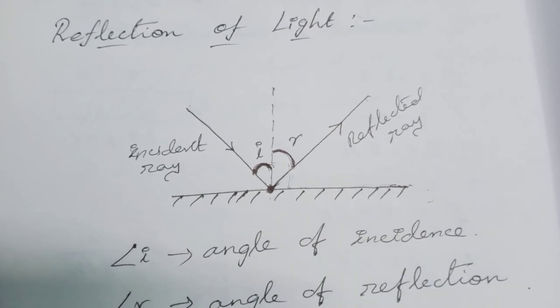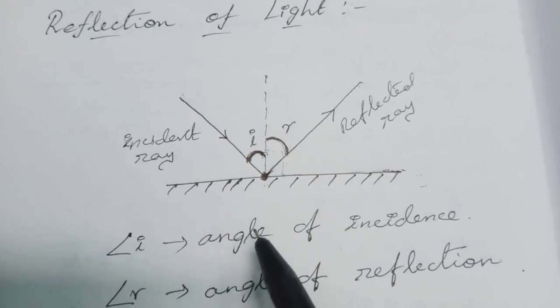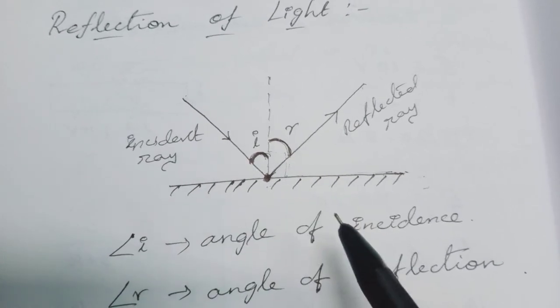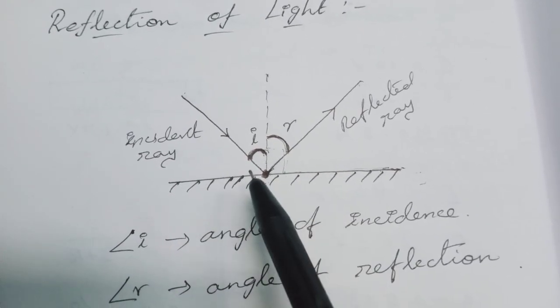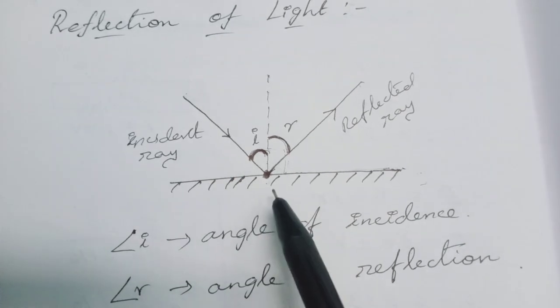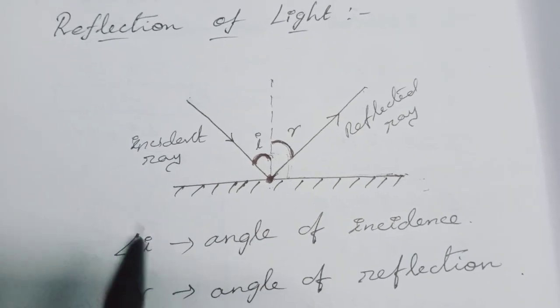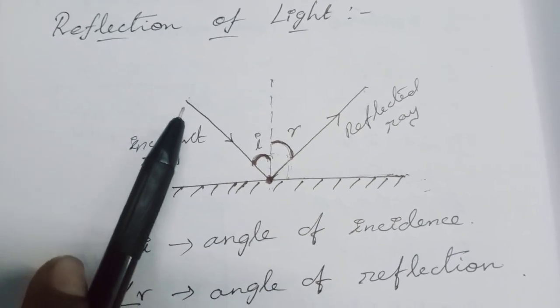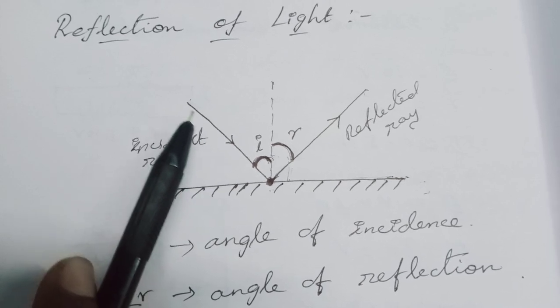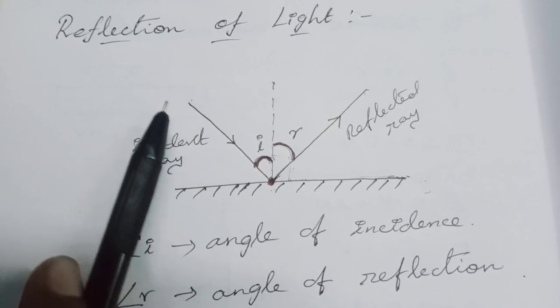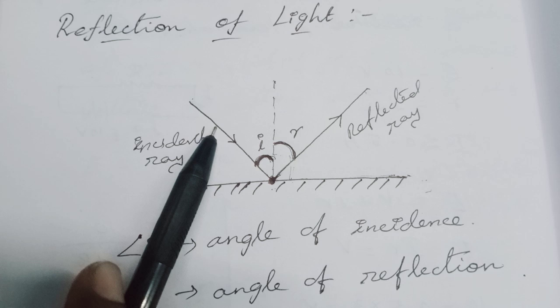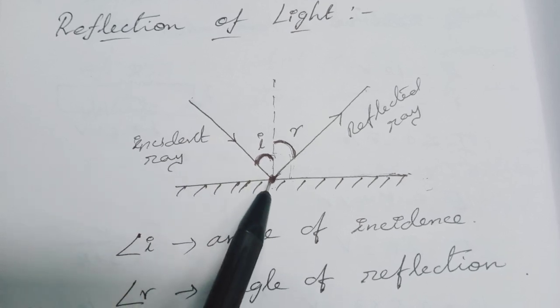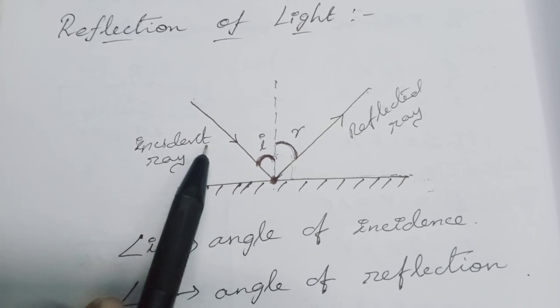Now you can imagine you place some object in front of this plane mirror, or otherwise consider a light ray incident on this plane mirror. This light ray is denoted by the arrow mark. The light ray which is falling on this mirror is called the incident ray.